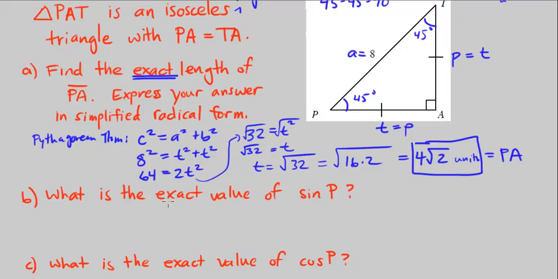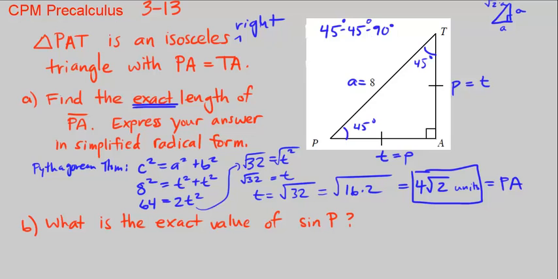Part B says, what is the exact value of sine P? Well, let's go ahead and mark on our triangle. We know this side is equal to 4 square root of 2. This side is the same thing, so it's also 4 square root of 2, isosceles. We have this side is 8.